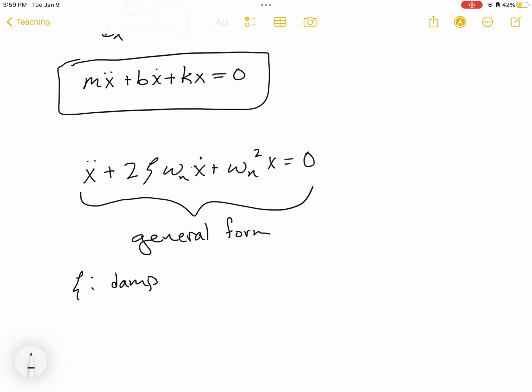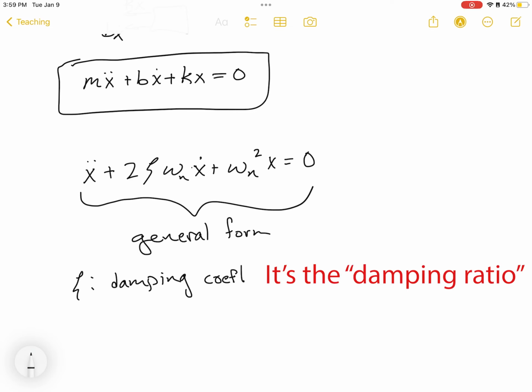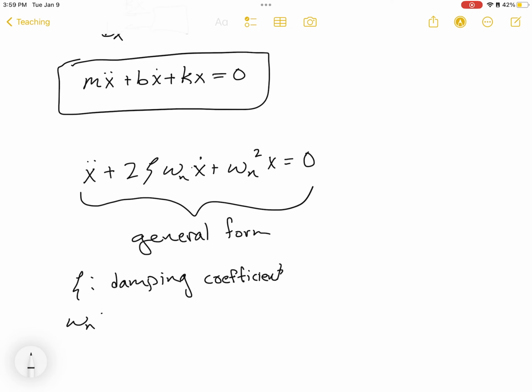So similar to b, which was our damping constant for the physical system, this is a damping coefficient. And omega n is the natural frequency.